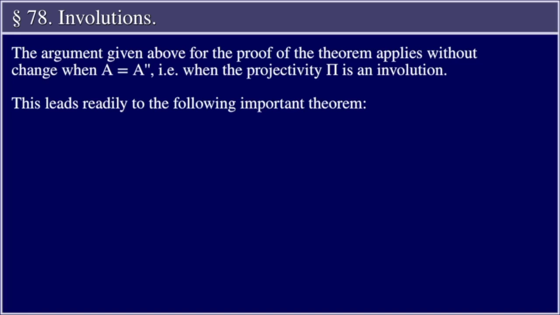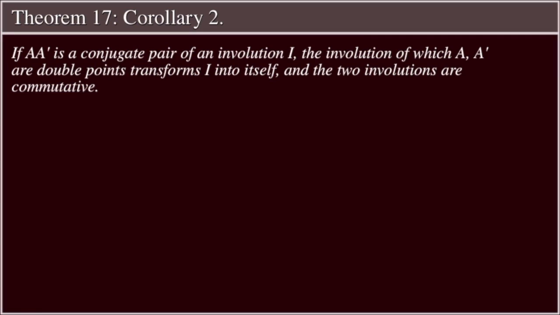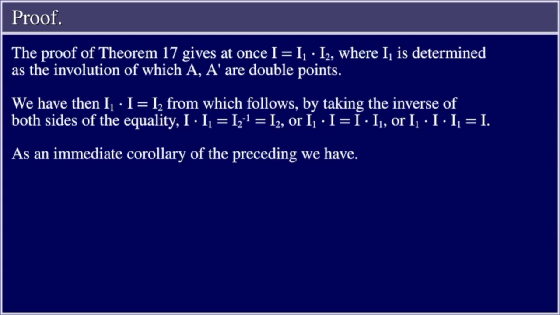This leads readily to the following important theorem. Corollary 2. If A' A'' is a conjugate pair of an involution ι, the involution of which A' A'' are double points transforms ι into itself, and the two involutions are commutative. Proof. The proof of Theorem 17 gives at once ι equal to ι₁·ι₂, where ι₁ is determined as the involution of which A' A'' are double points.